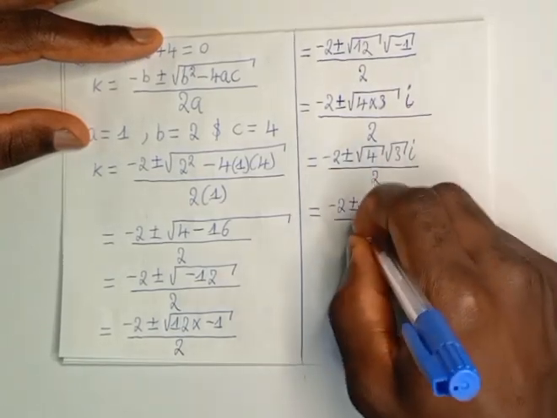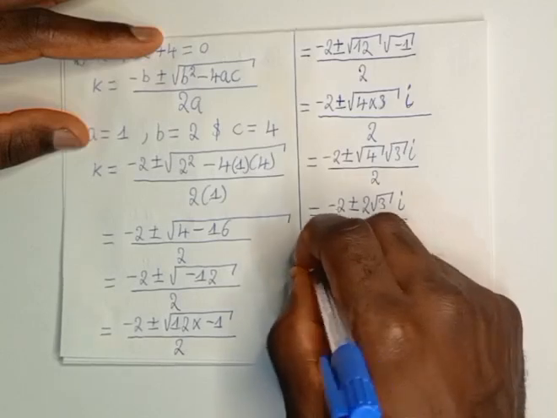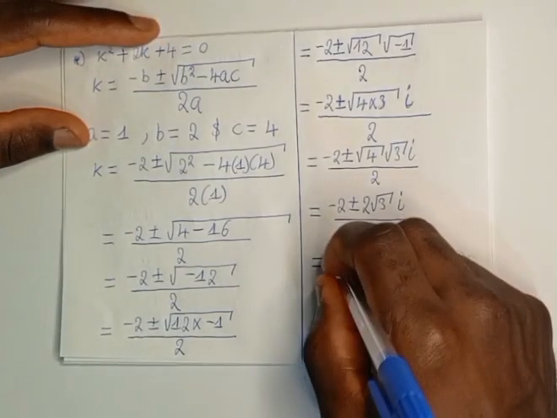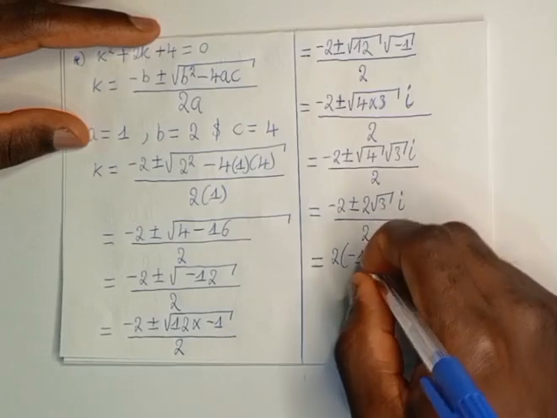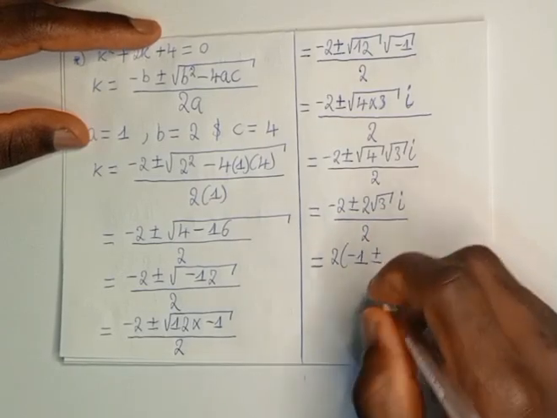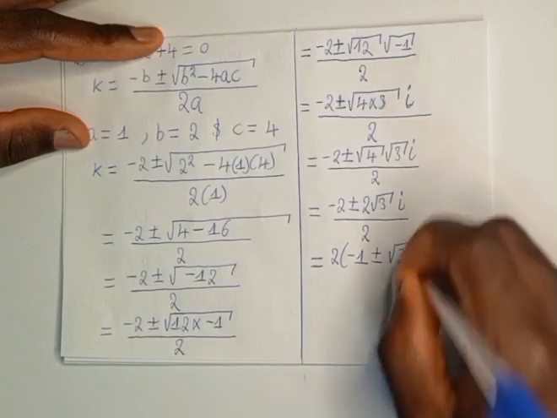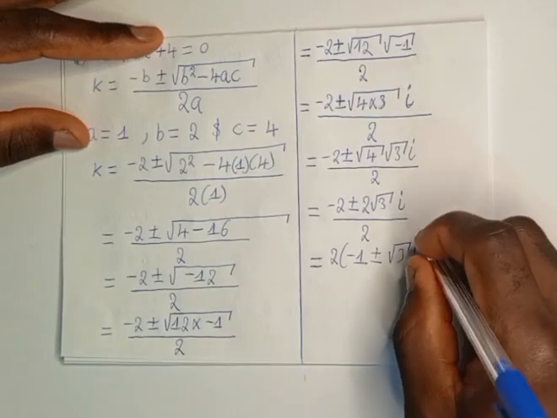Then we divide by 2. At the numerator, we can factor out 2. 2 times negative 1 gives us negative 2, plus or minus 2 root 3i.